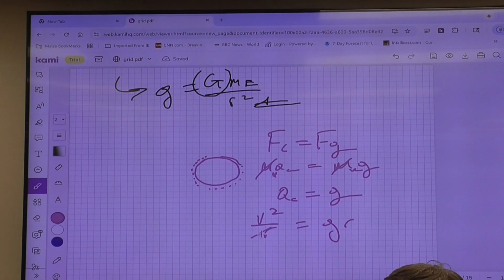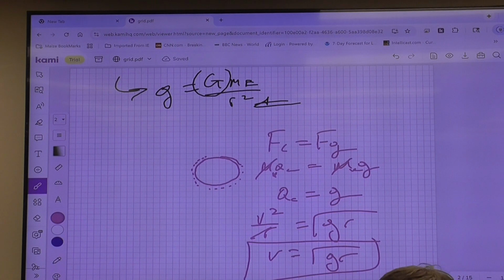So I can multiply both sides by r and take the square root, and I get v equals the square root of g r. Now, where have you seen that equation before? With finding the minimum speed, the minimum velocity to complete the loop.